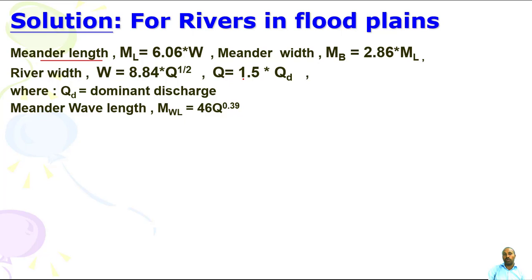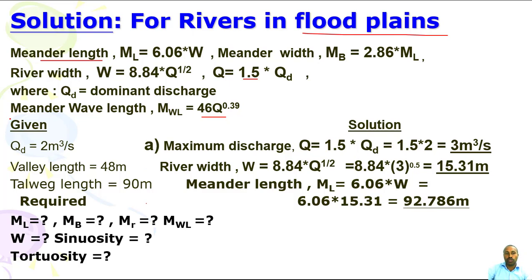Let us take 1.5 times the dominant discharge QD. These formulas were already taken from the table, because for floodplains we use them. Given the dominant discharge, valley length, and thalweg length, we require meander length, width ratio, meander wavelength, river width, sinuosity, and tortuosity.